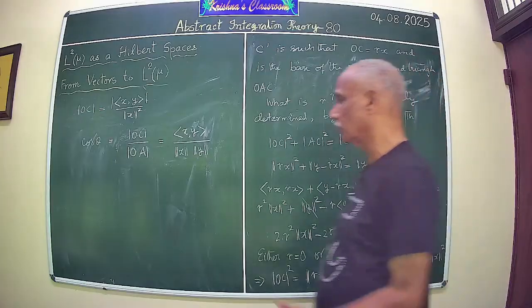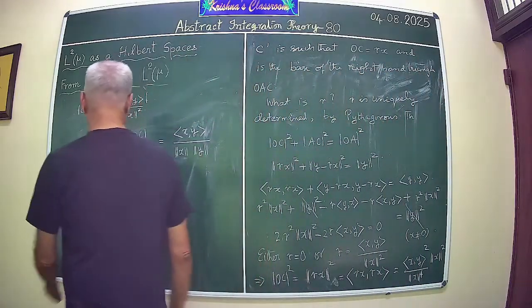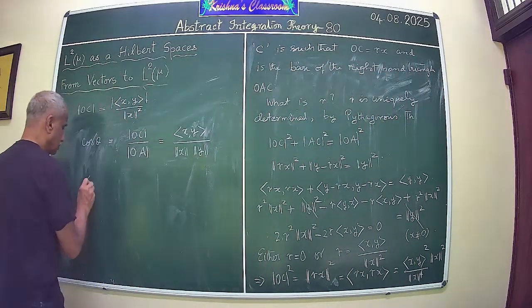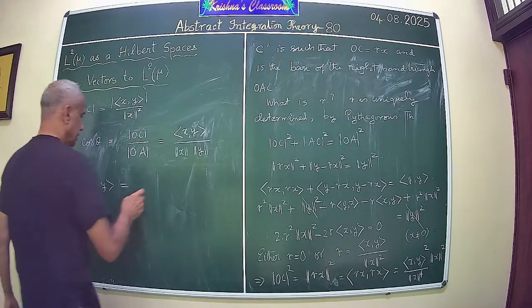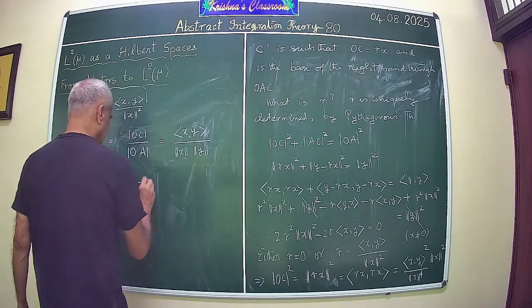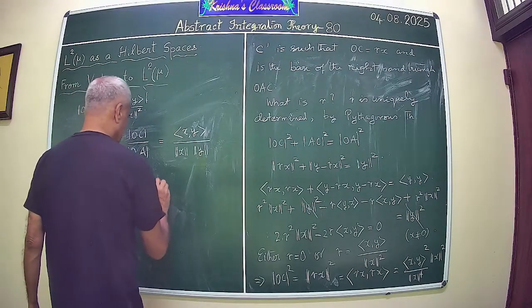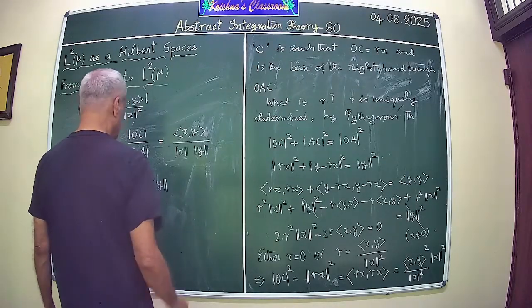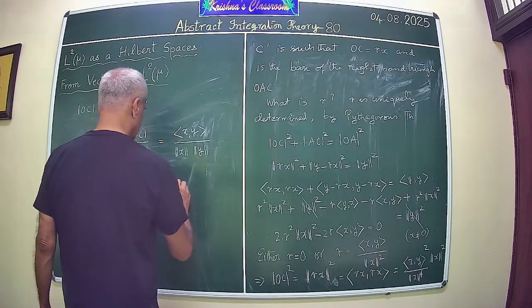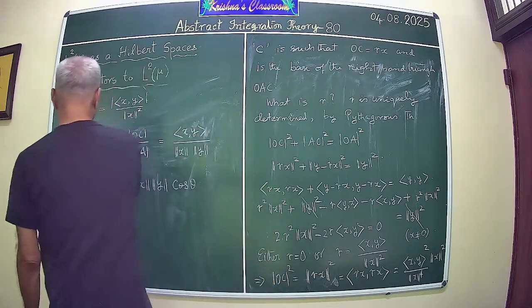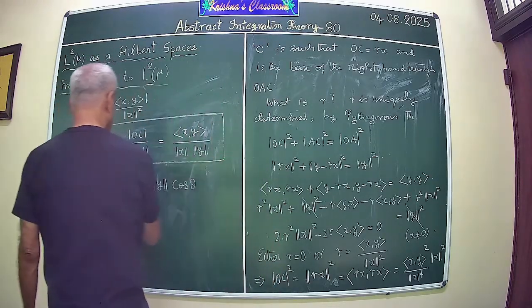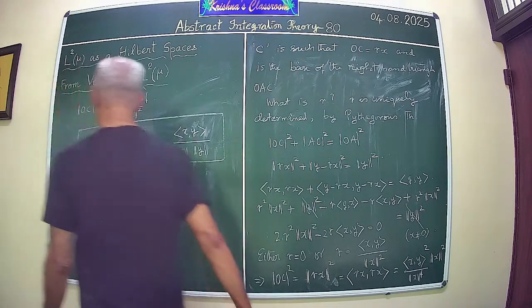Okay, so we are looking for an expression for this. It is essentially the norm of x, the length of x, times the length of y, or cos theta is a measure of the angle. So theta is measured.